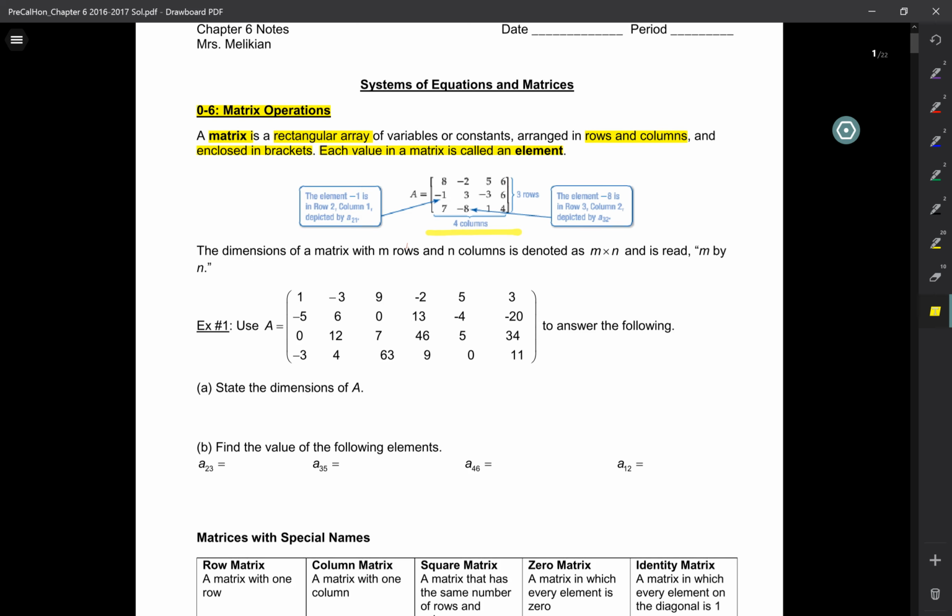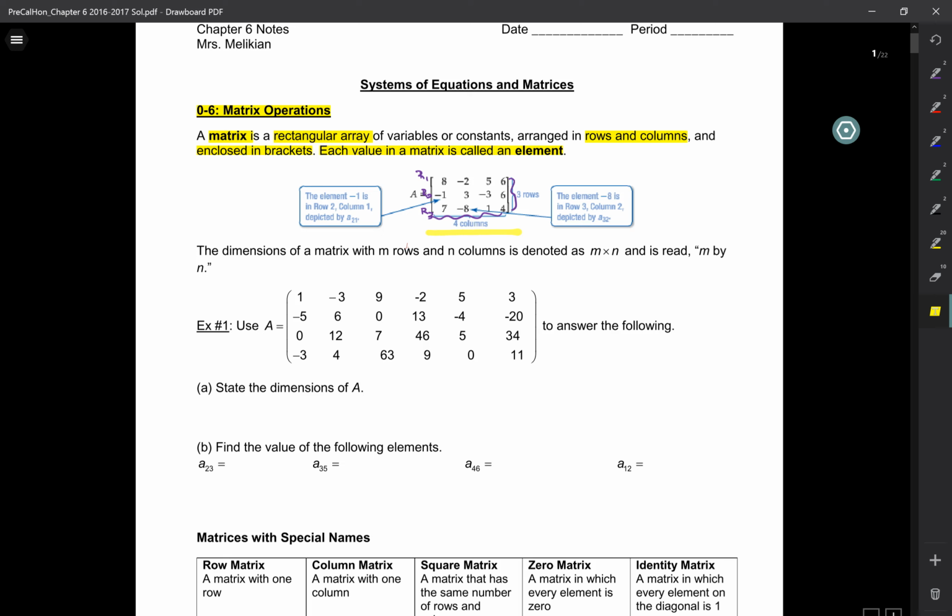All right, so if you look here, this particular matrix has 3 rows, and we call this row 1, row 2, row 3, and it's got 4 columns. And with the rows and the columns, we can provide the dimensions of the matrix.